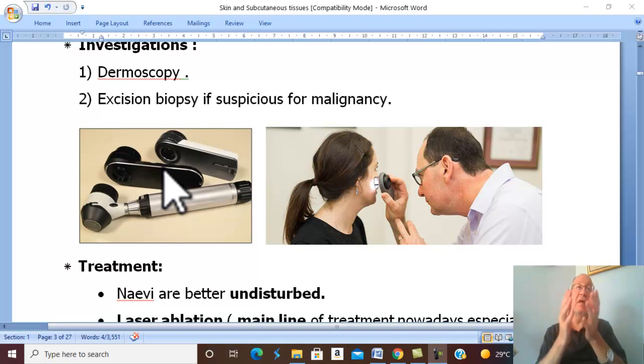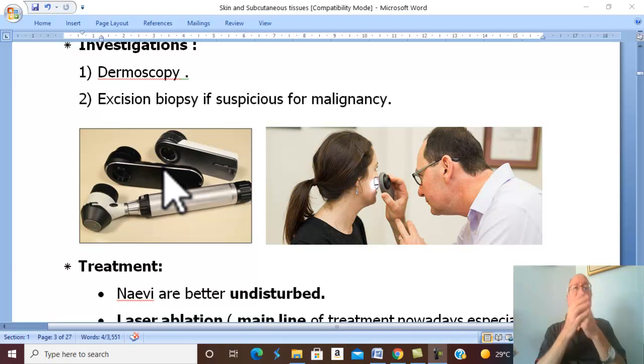What is the treatment of nevi or moles? The usual treatment is to leave alone, undisturbed, any nevus, except in the face and in females who have cosmetic problems.